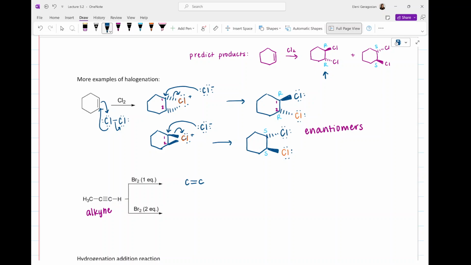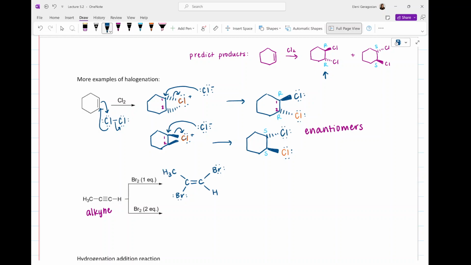And then each one gets a bromine, and we still have to apply the anti-addition. So if the carbon on the left has a bromine bonded there, then the carbon on the right better have the bromine bonded opposite. So now it has an H, and then this one has a CH3.